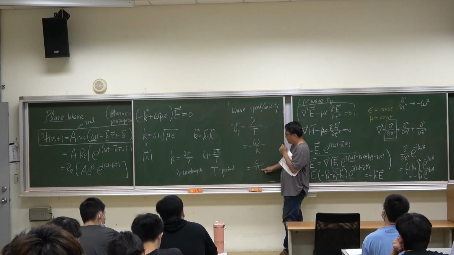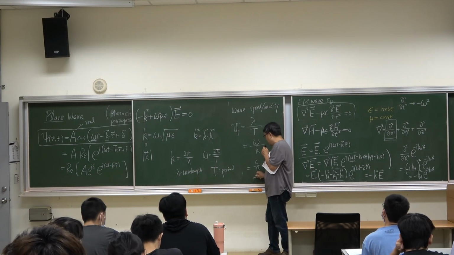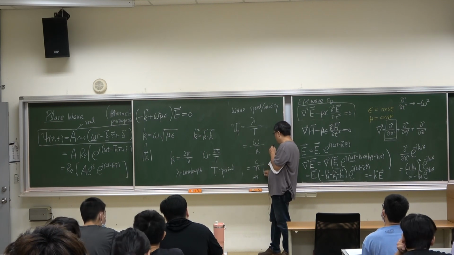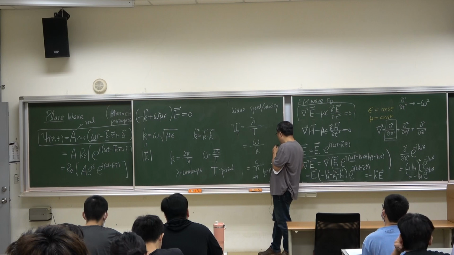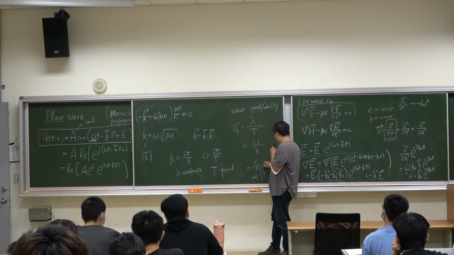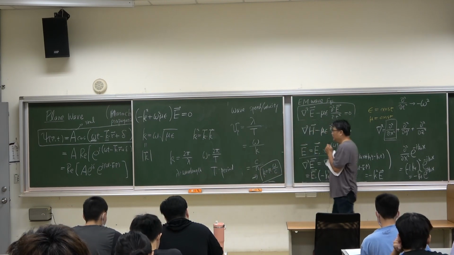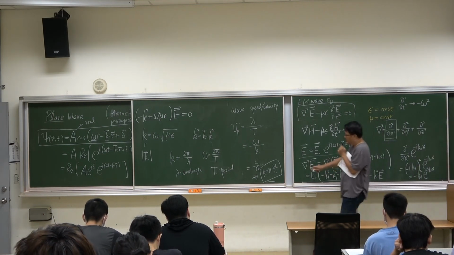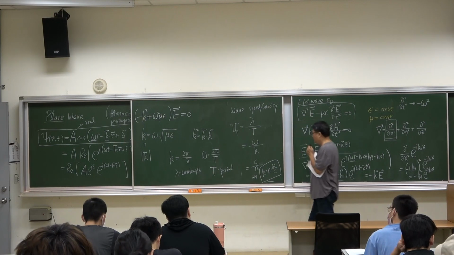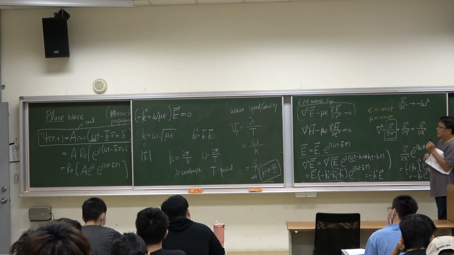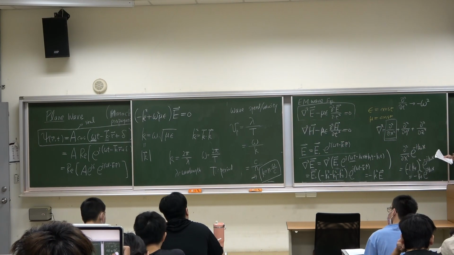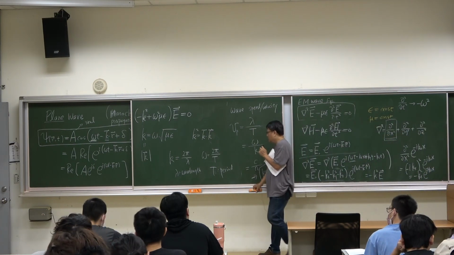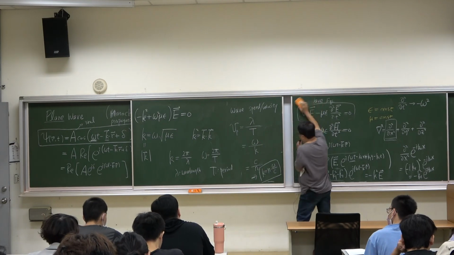So we finally get the result that k is n times omega over c. This is what we have just discussed: k is n times omega over c.